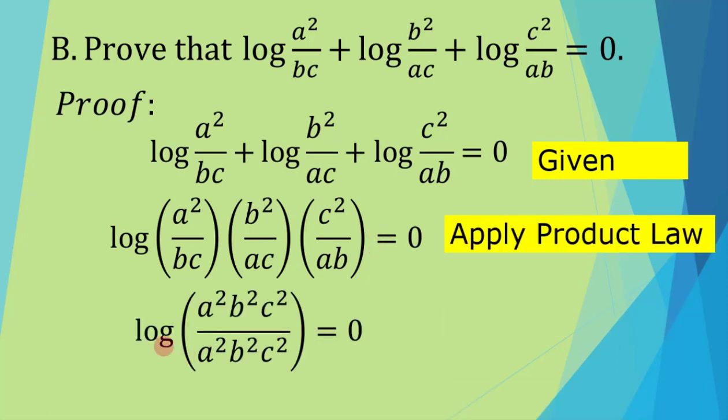Applying the product law, we have to multiply all the numerators, the log of a squared b squared c squared, all over, we have to multiply also the denominator. And in this case, we found a squared, we also have b squared, we have also c squared. So meaning the numerator and denominator are the same. So that means equals 1.